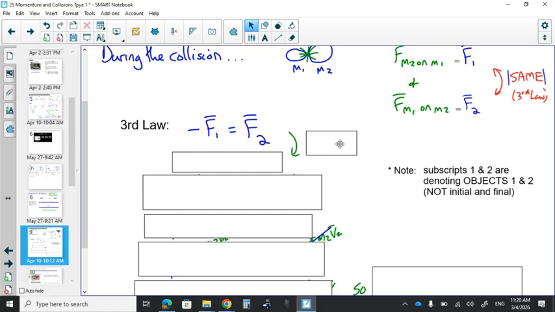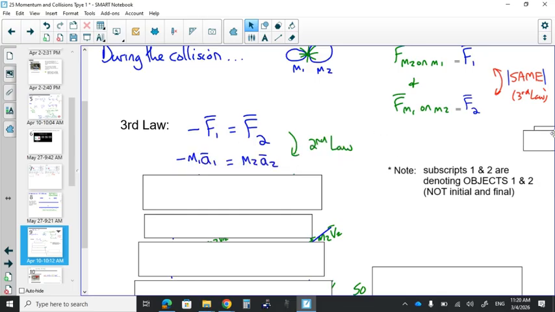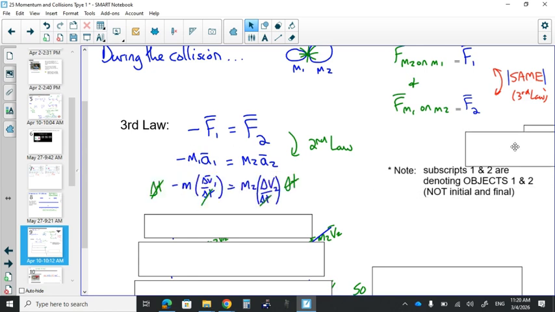And then if we were to use the second law for further analysis, we'd have ma, mass times acceleration, right? So we'd have mass 1 times acceleration number 1, and mass 2 times its acceleration, just in opposite directions because of Newton's third law. And then further to that, acceleration is delta v over delta t. So we have the same delta t's because the time for the collision is the same for both of them.